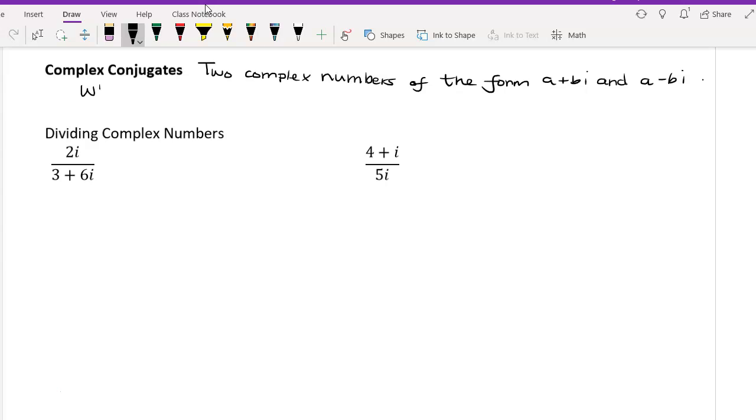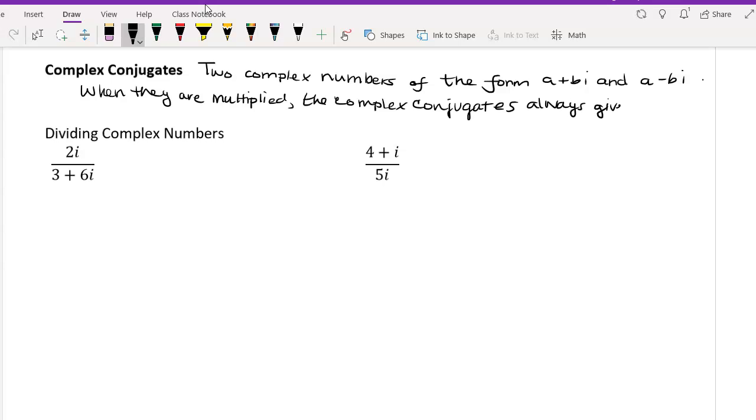When they are multiplied, the complex conjugate always gives a real number. So what does that mean?